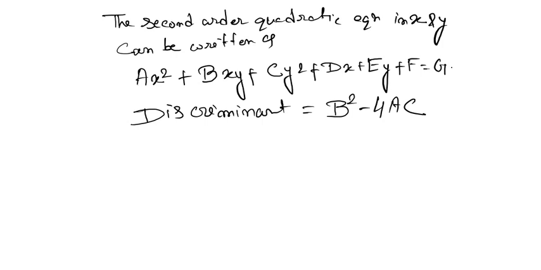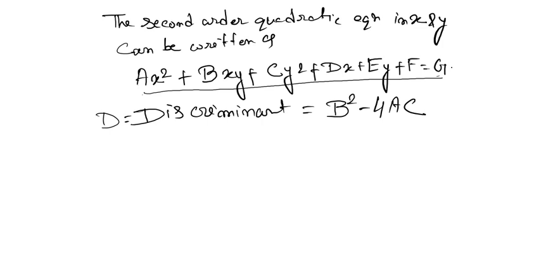Let me name this quantity as capital D and call this the discriminant. We compare equation number 1, that is the general second order PDE, with this quadratic equation, and inspired by its classification we will classify the second order PDE also.